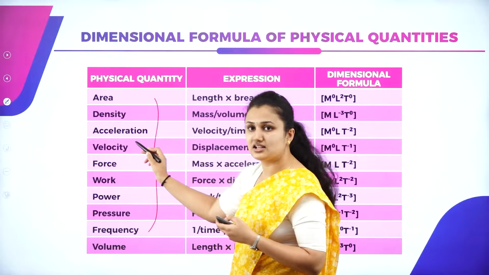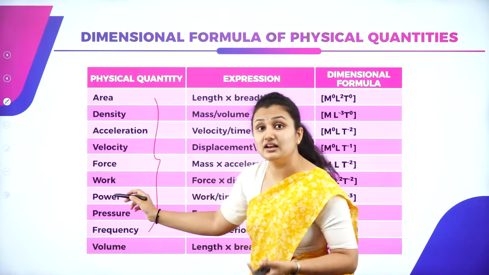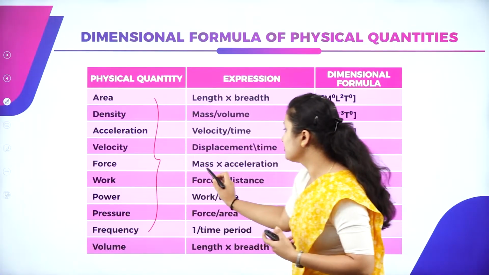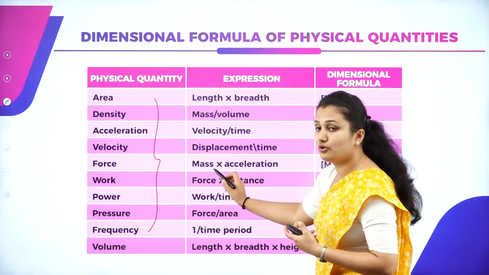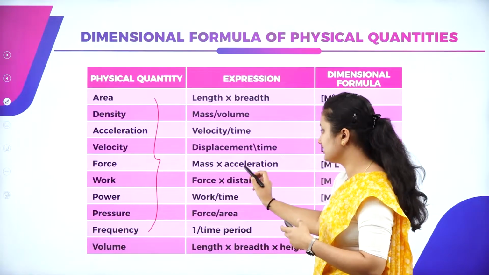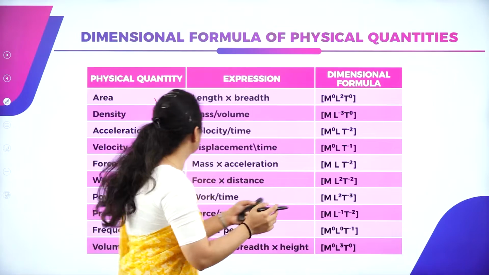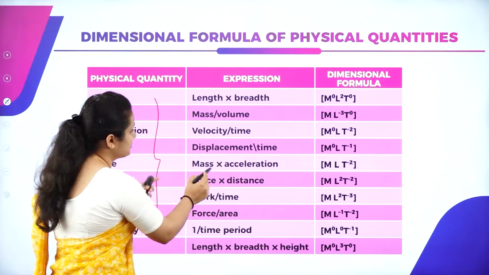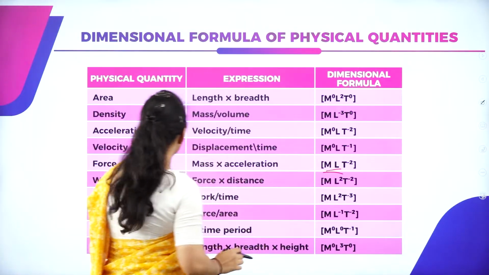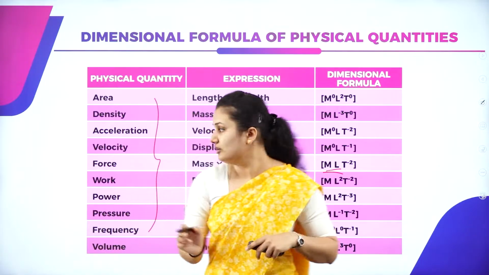Similarly, you can calculate for force. You should know the expression: force is ma, mass into acceleration. Mass is M, and acceleration we have already derived. If you substitute, you will get the dimensional formula for force.